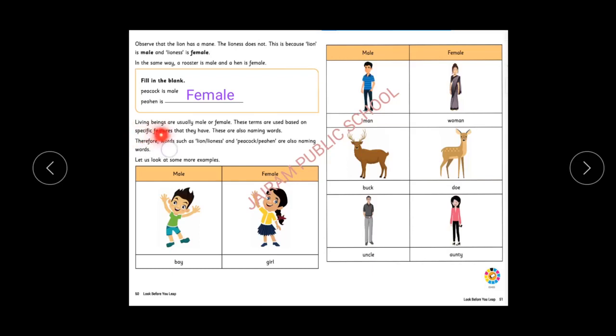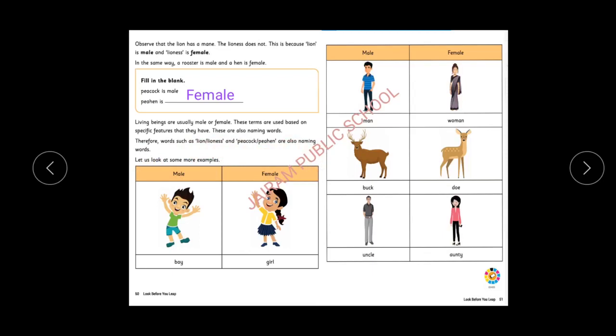Okay, living beings are usually male or female. These terms are used based on specific features that they have. These are also naming words. Therefore, words such as lion or lioness and peacock or peahen are also naming words.